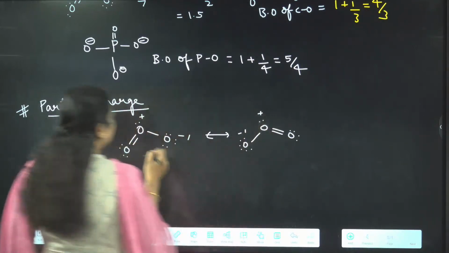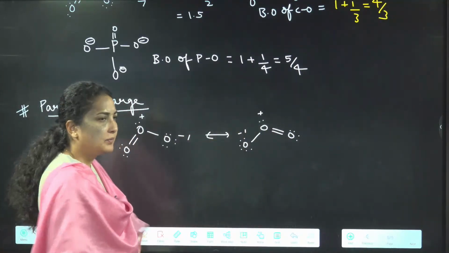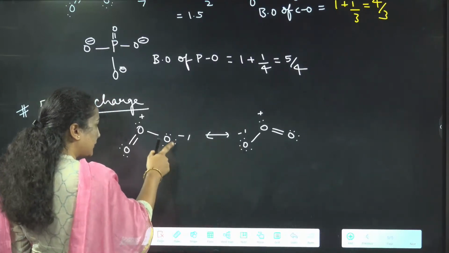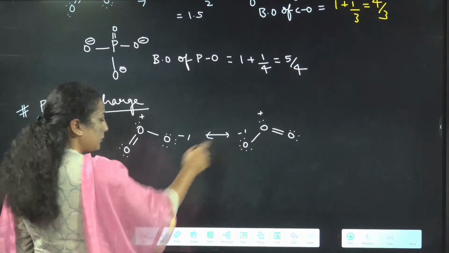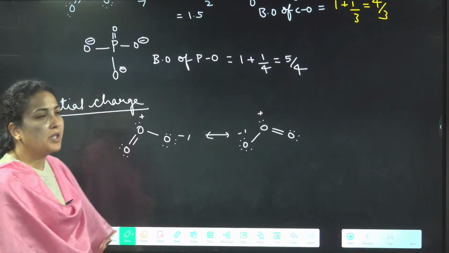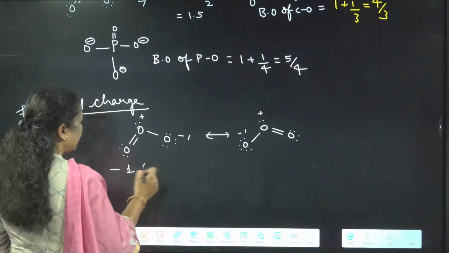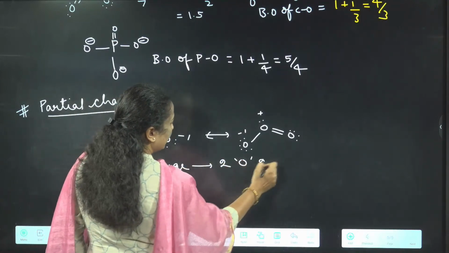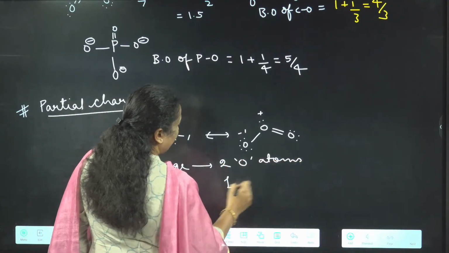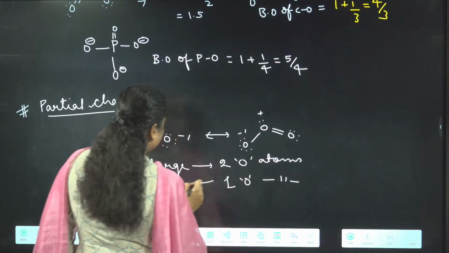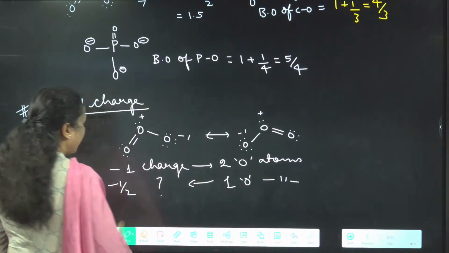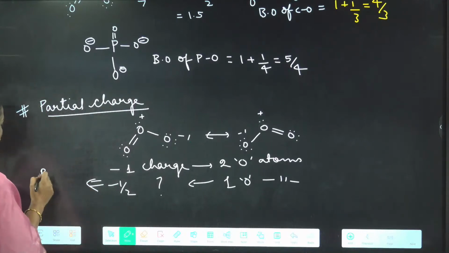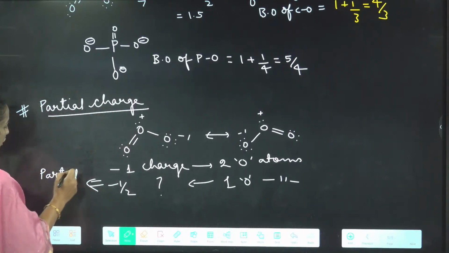Now are you able to see this plus is not going anywhere? The only thing that is moving is sometimes this oxygen is having minus 1 and sometimes this oxygen is having minus 1. So can I say here the minus 1 charge is basically being shared between two oxygen atoms. So for one oxygen atom, what will be the charge? That is going to be minus 1 by 2, and this only I am calling partial charge.